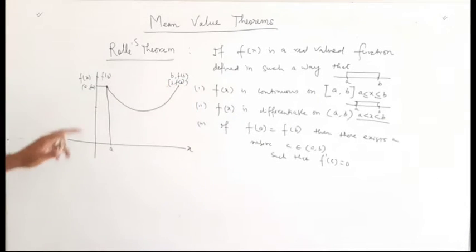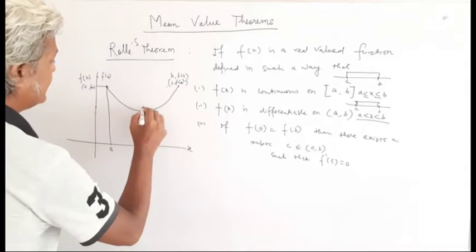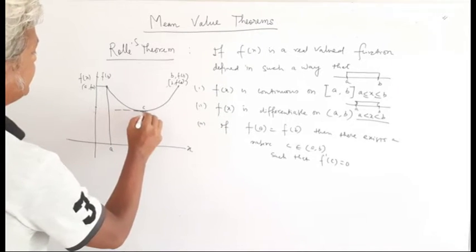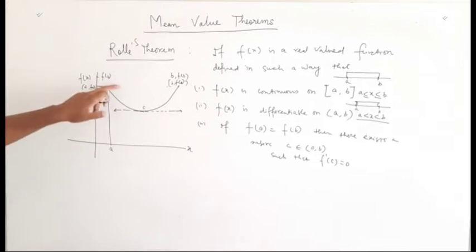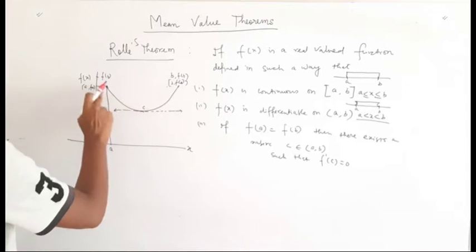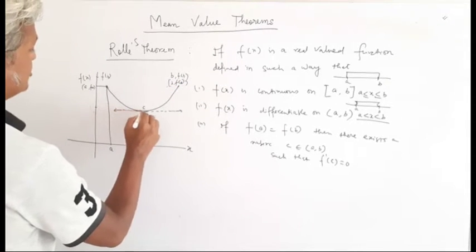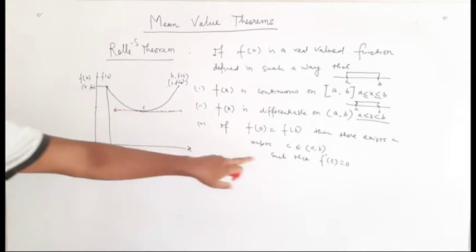Now you see that if this is the condition, then there is definitely a point c between a and b where f'(c), that is dy/dx, is 0, which means the slope of the function at that point will be parallel to the x-axis. From here to here it is a decreasing function, and from here to here there will always be a sure turning point at c, and f'(c) is 0.